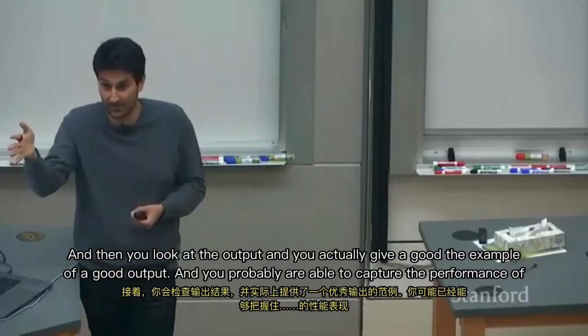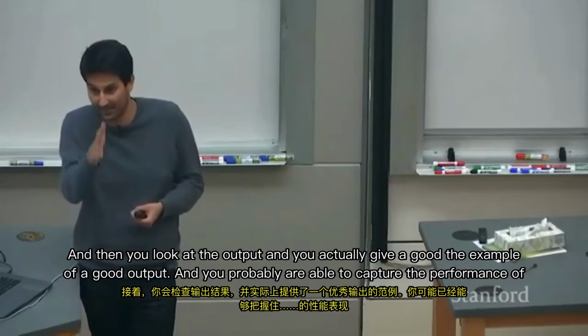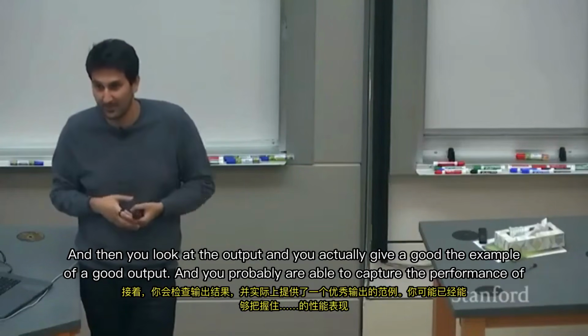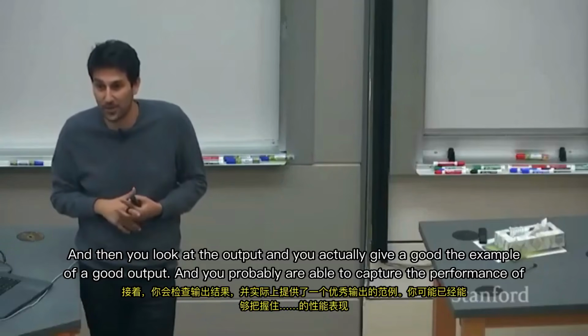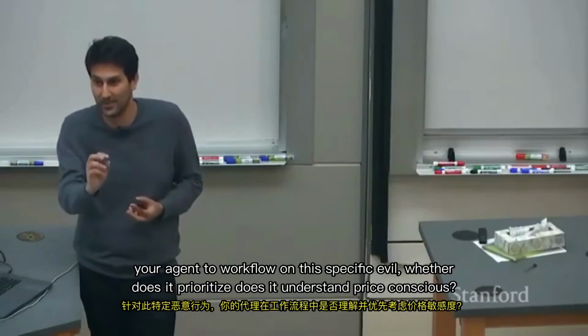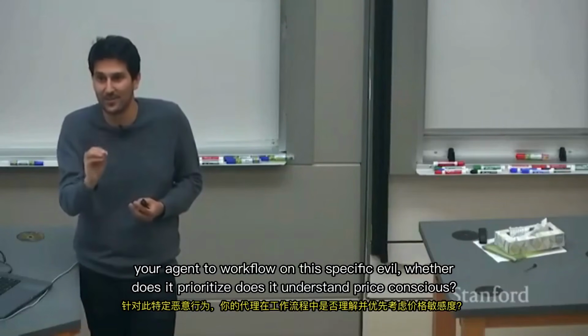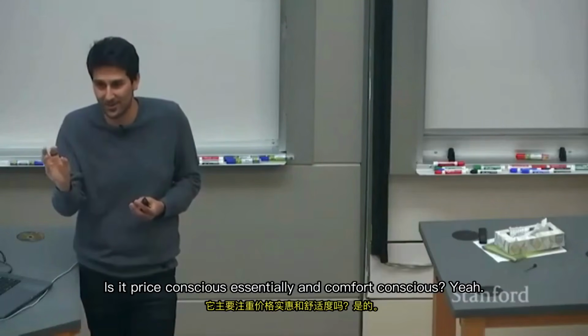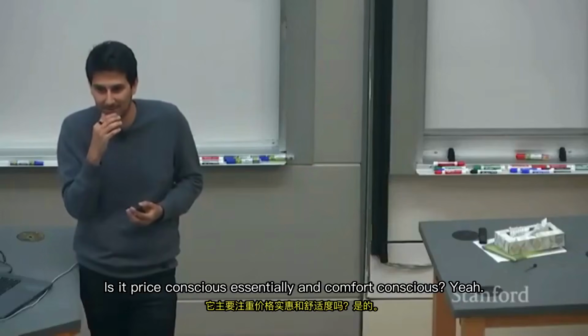And then you look at the output and you give the example of a good output. And you probably are able to capture the performance of your agentic workflow on this specific eval. Does it understand price conscious? Is it price conscious essentially, and comfort conscious? Yeah.